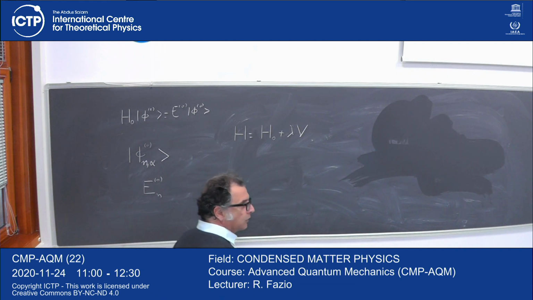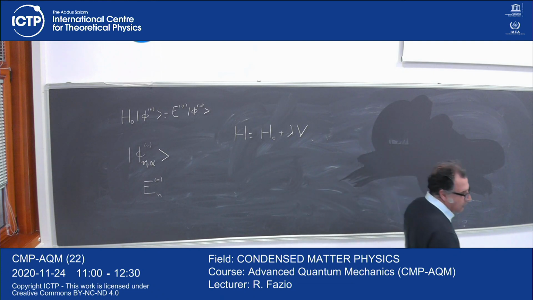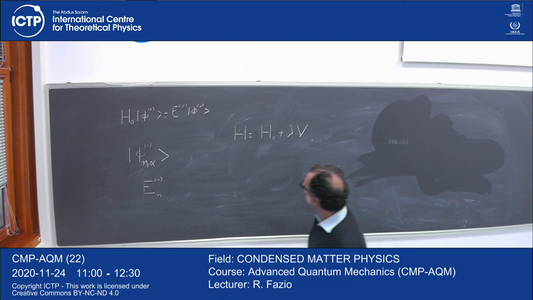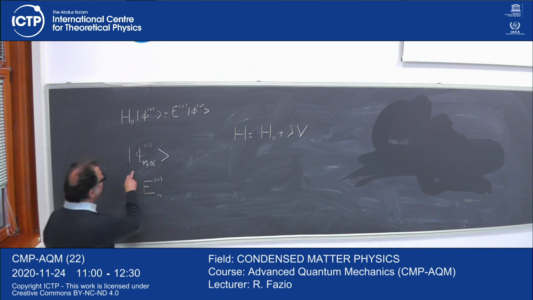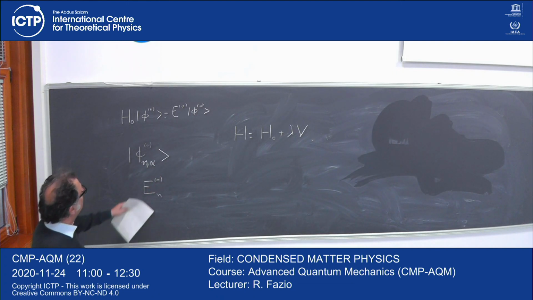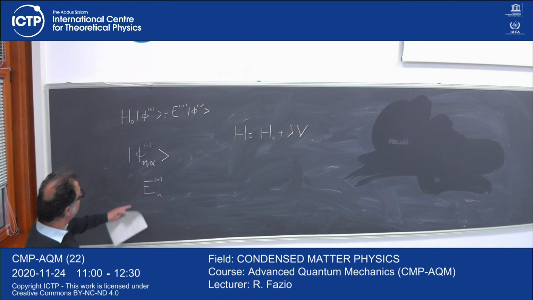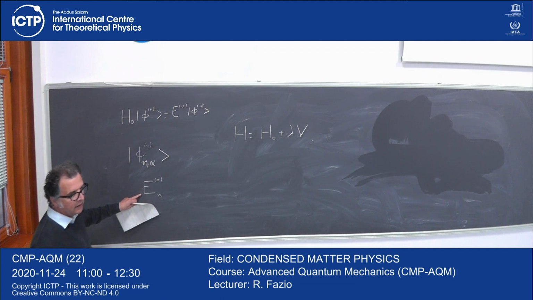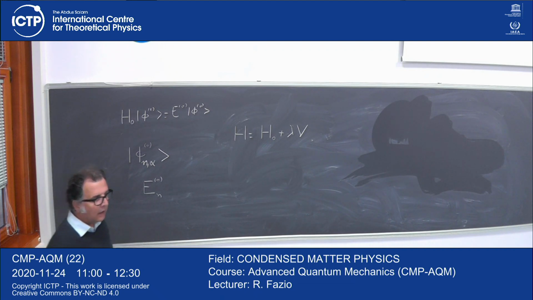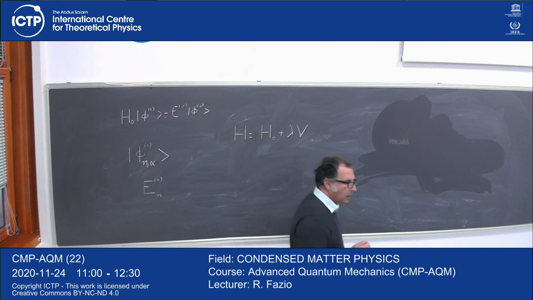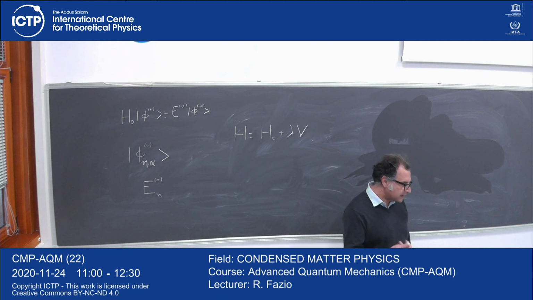So let's see what we should do when we have a degenerate spectrum. I will start from this. I have this set of states. They form orthogonal bases in the subspace, and they all have energy E0n. Now, if you just take a linear combination of those states, they are still eigenstates of H0 with energy E0, right?